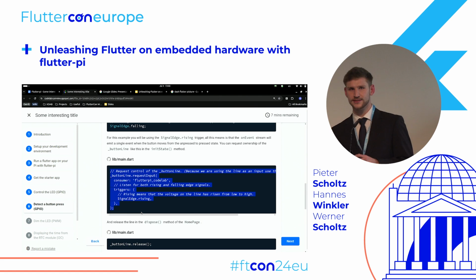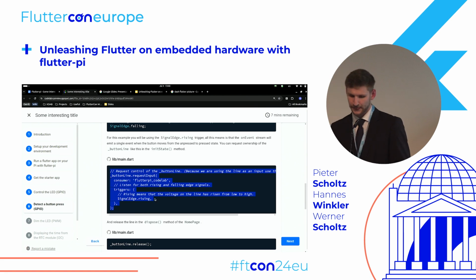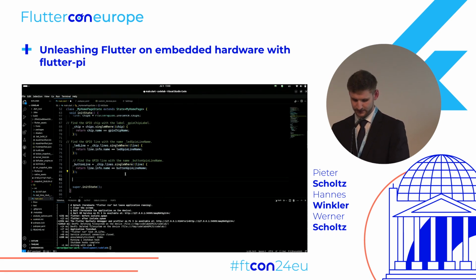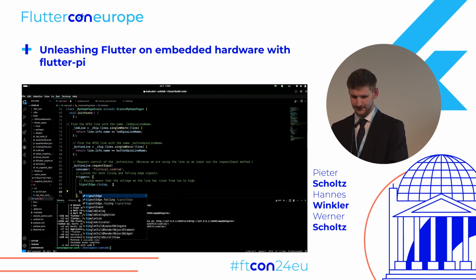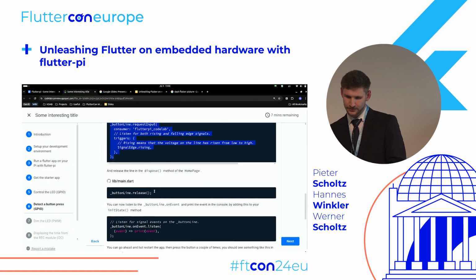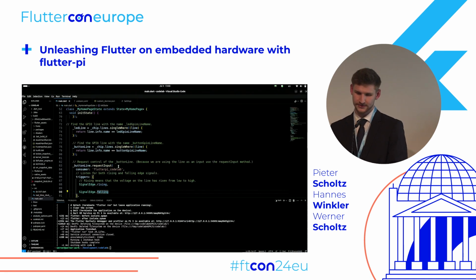Now, signal edge rising means that the voltage on the pin goes from low to high, and vice versa for falling. Cool, so let me just add that to the application. And also I want to add signal edge falling. Cool. So we've requested input. We want to release it just out of principle.